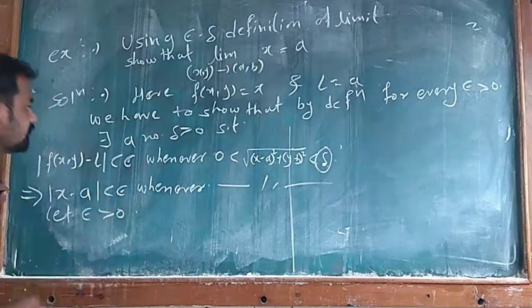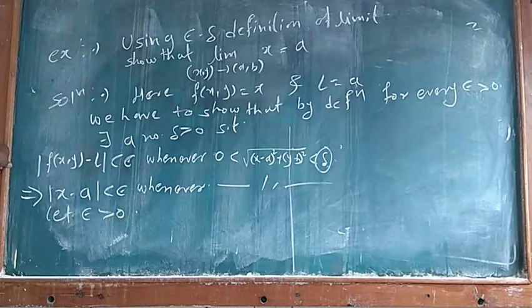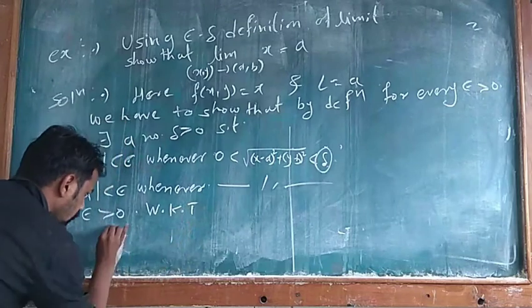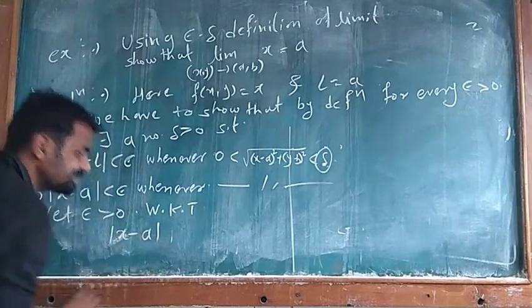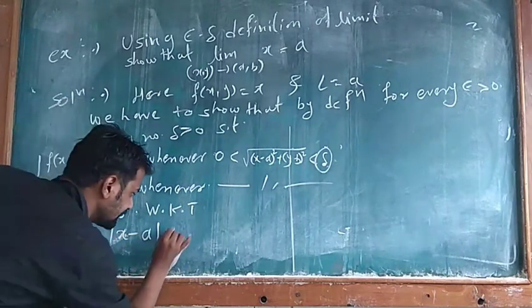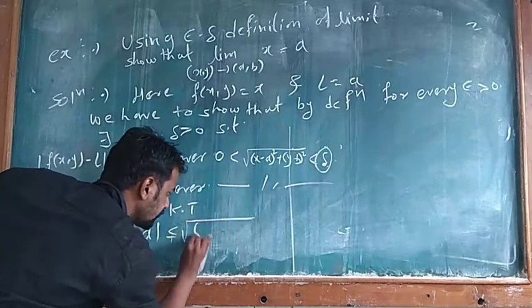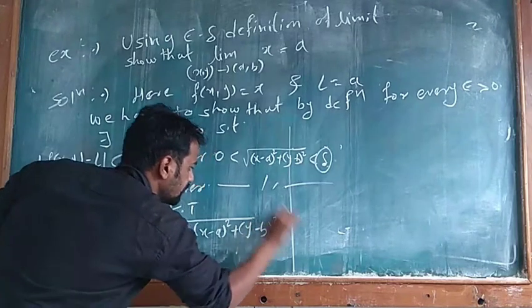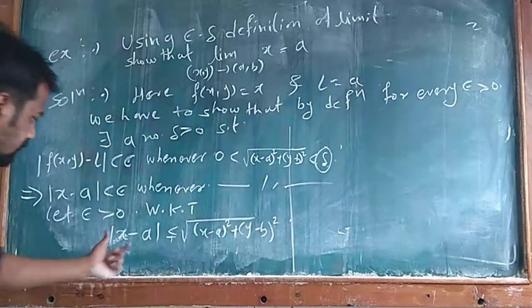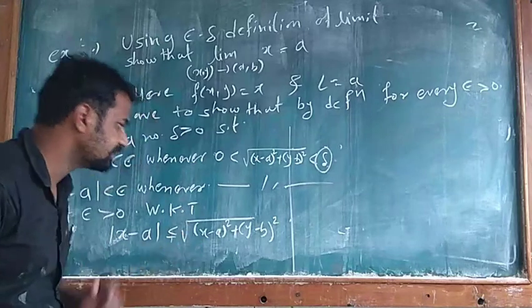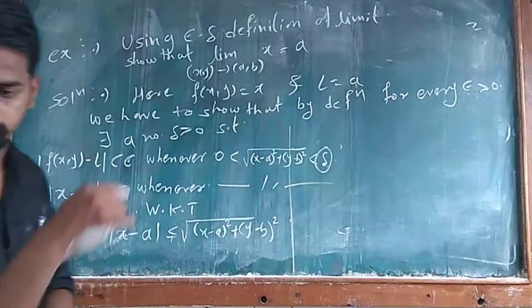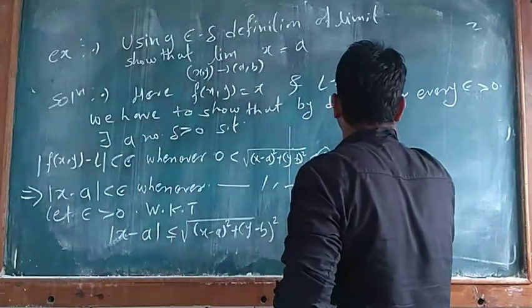Now let epsilon greater than 0 be any given. We know that mod of x minus a is less than or equal to the square root of (x minus a) squared plus (y minus b) squared. This value is less than or equal to this value.